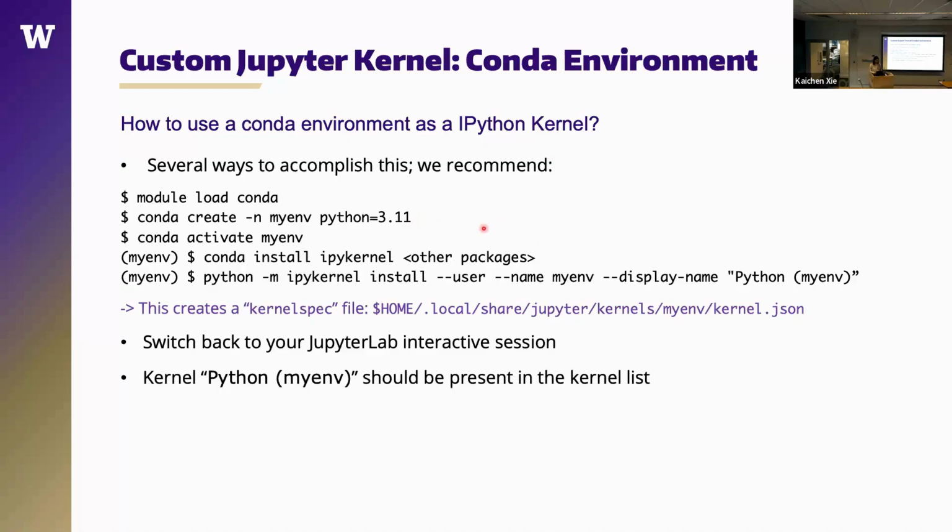First, activate your environment, make sure to have ipython installed, and then run the ipython kernel install command in your activated environment to set up a Jupyter kernel specification file. The kernel spec file will be created and saved in your home directory under this path.